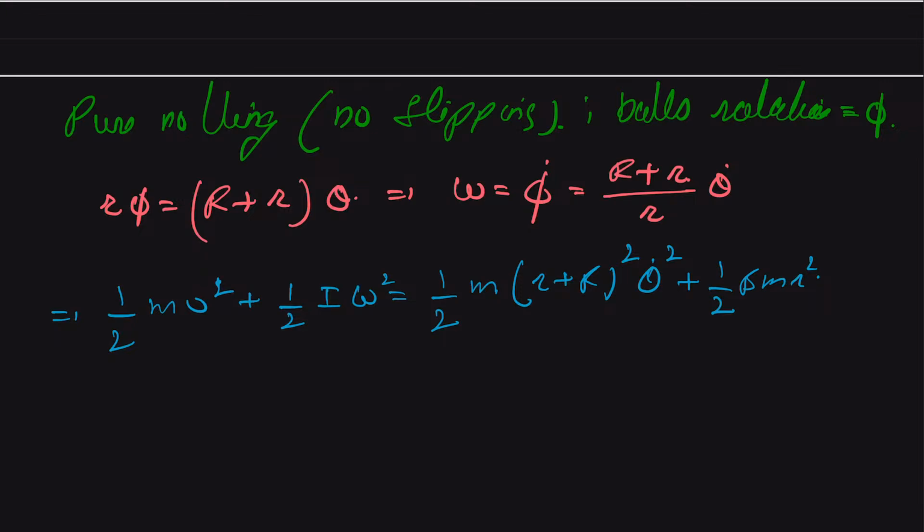And omega square will be equal to (R + r) divided by r whole square times theta first derivative square.